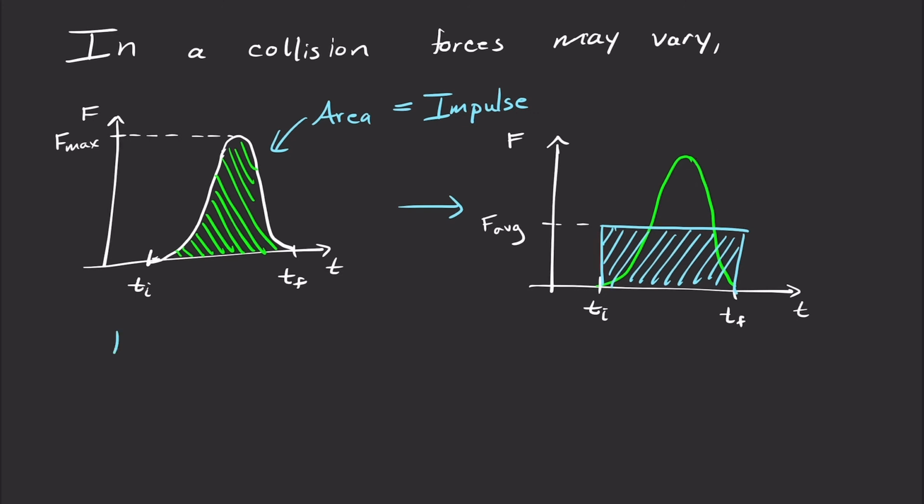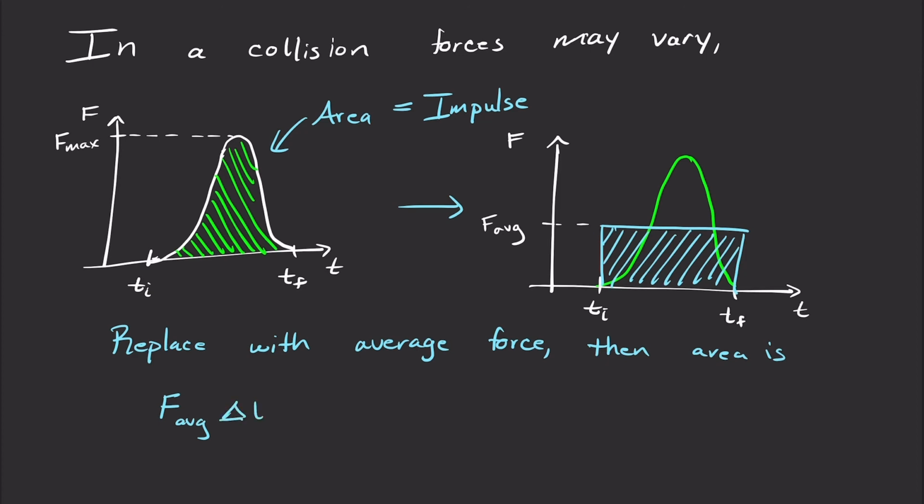So we can replace it with an average force, and now it's really easy to find the area under this curve, because now the area is just the length times the width of this box or this rectangle. The height of this box is going to be our average force, and the width of it is just Tf minus Ti, or our time interval.